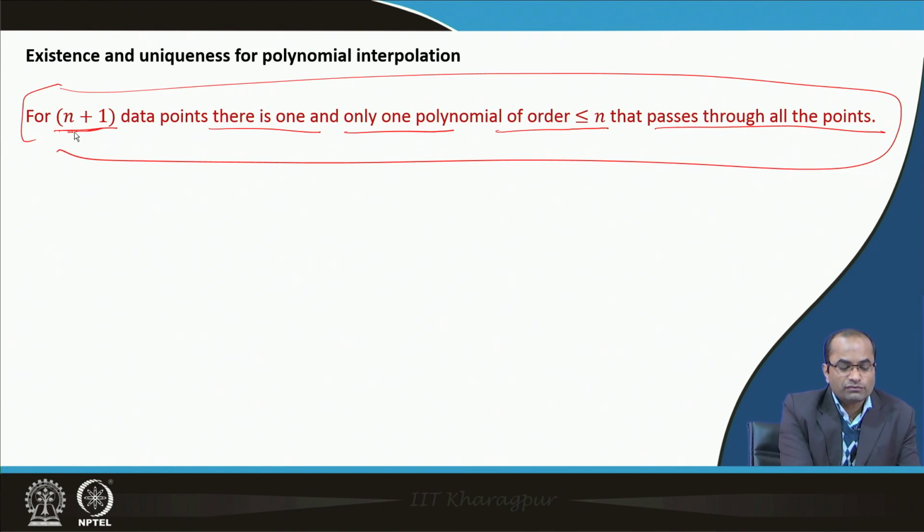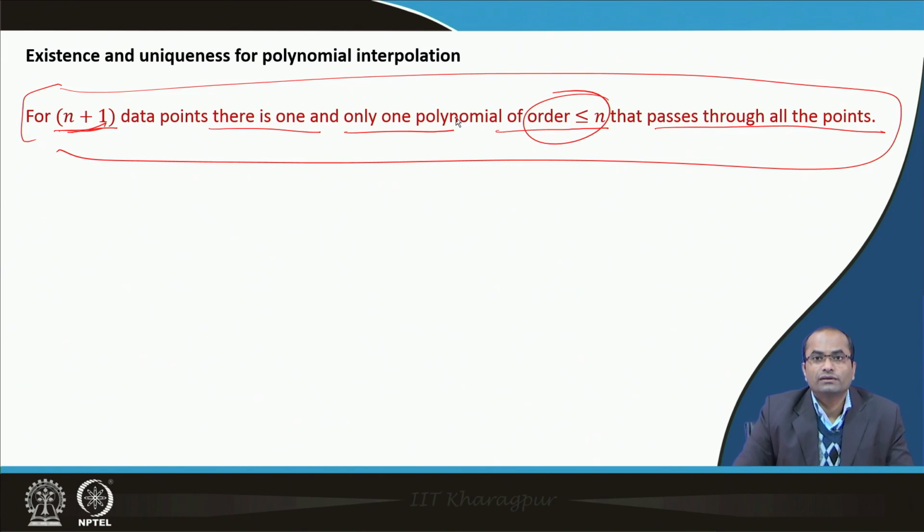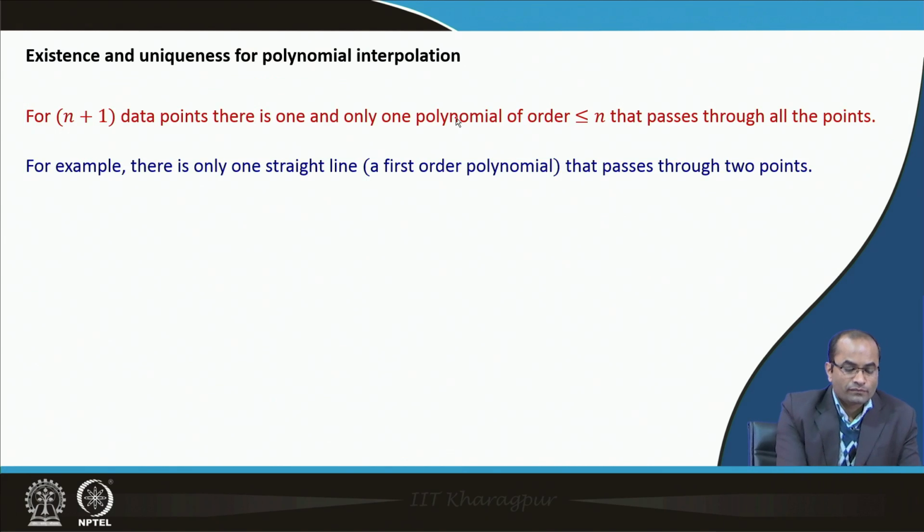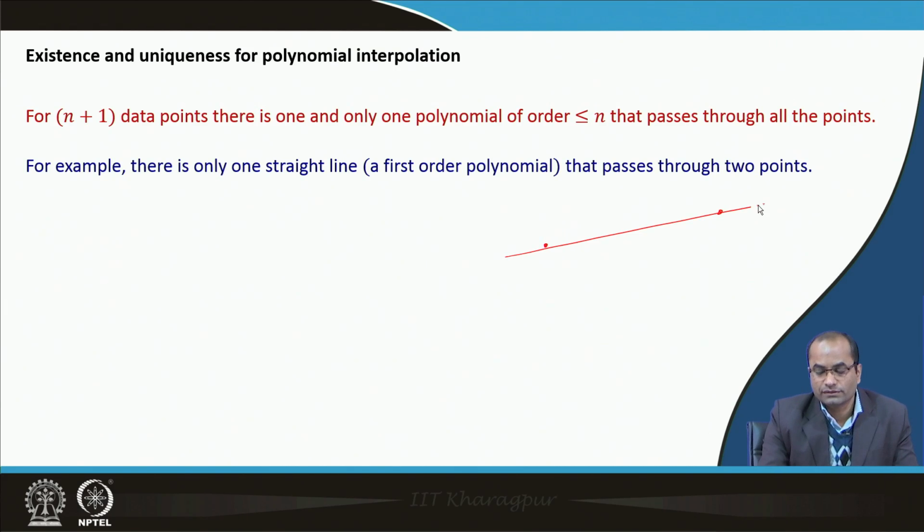So, when n plus 1 data points are given, there is one and only one polynomial of degree less than or equal to n that passes through all the points. A very simple example which we can talk about is when we have 2 points, and we know that there is a unique straight line, a polynomial of degree 1, which passes through these given 2 points.